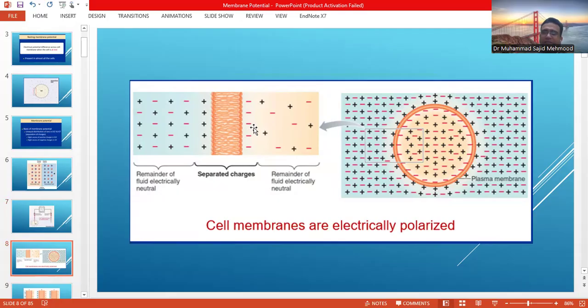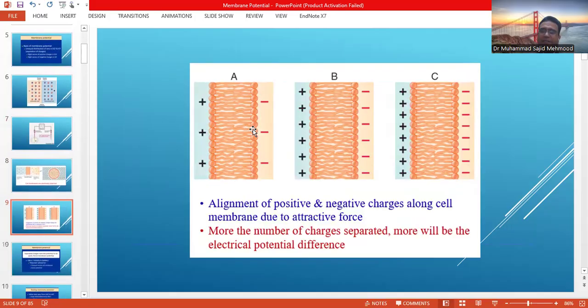The inside of the cell may be neutral itself. Similarly, the extracellular fluid as a whole may be neutral, but the membrane is polarized because the positive and negative charges are attracted along the surface of the membrane. Hence, the cell membranes are electrically polarized.